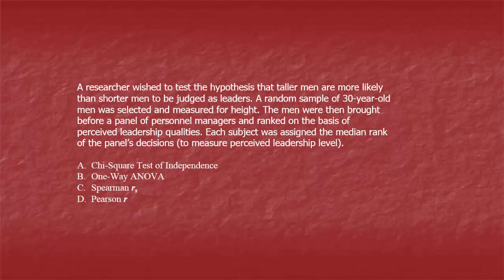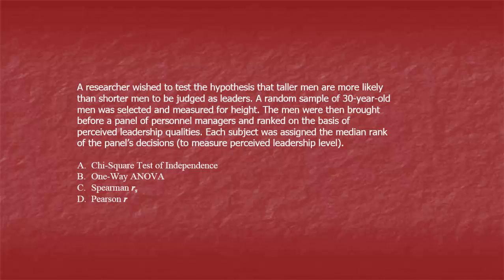Well, let's run through our options. Option A, chi-squared test of independence. Well, what situation did I say we would use that? You use a chi-squared test of independence when you have a categorical predictor variable and a categorical outcome variable. Do we have that here? No, we don't. Height is a continuous variable, so chi-squared test is not going to work.